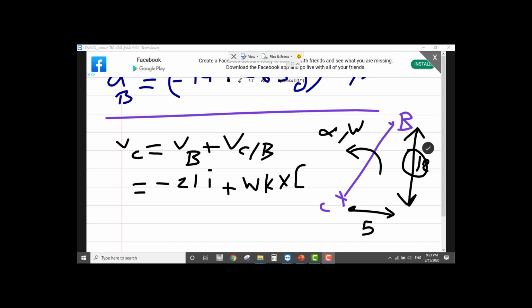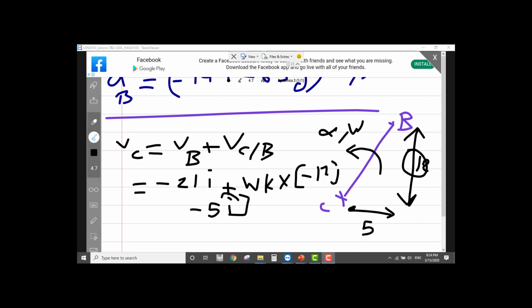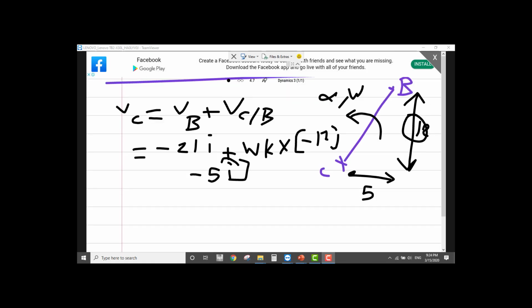So this is minus 12 in the j direction. Then I'll move to the left, minus 5 in the i direction. Now BC equals minus 21 in the i direction plus... keep in mind that BC is unknown as well as omega is unknown.